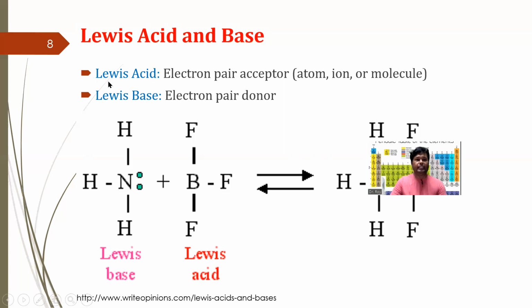So Lewis acid. Here you have no proton. For example BF3, boron trifluoride. In this compound we have no proton, so it cannot donate any proton, so we cannot consider it an acid in that sense.